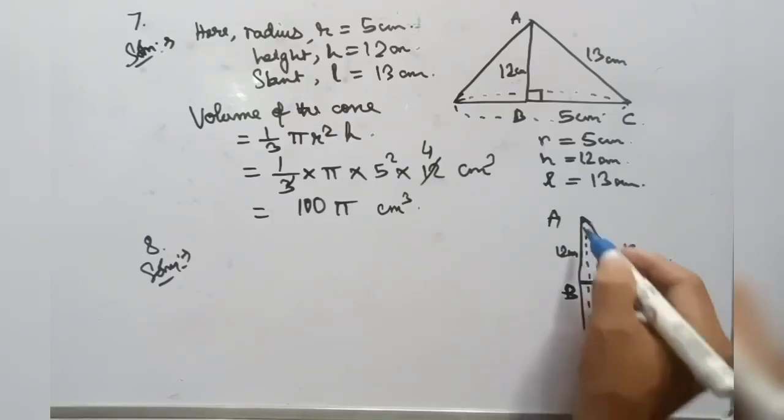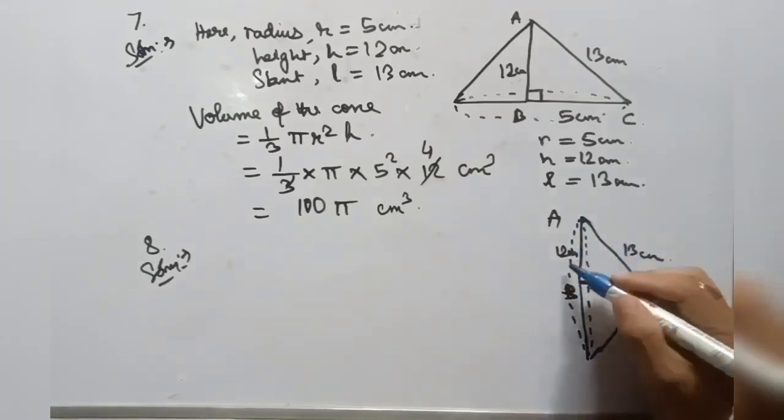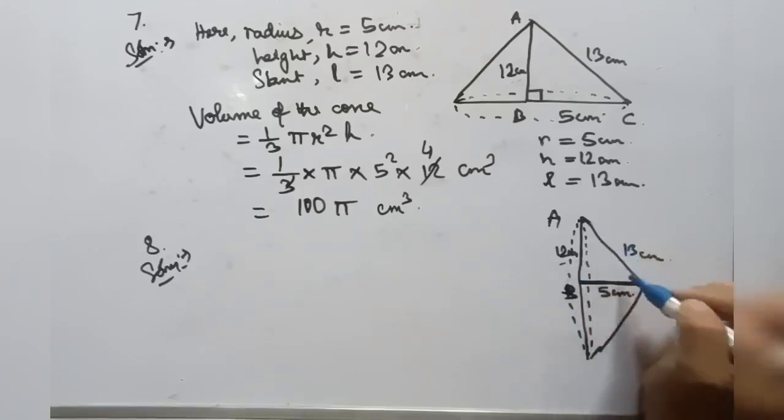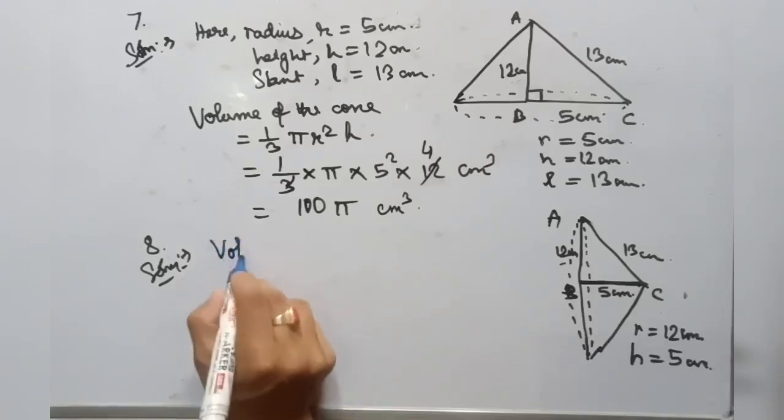So a cone will be formed like this. A right circular cone will be formed like this, where 5 centimeter will be the height of the cone, 12 centimeter will be the radius of the cone, and 13 will be the slant height of the cone. So here the radius is equal to 12 centimeter and the height of the cone will be 5 centimeter. So taking this into account, we'll find the volume of the cone.